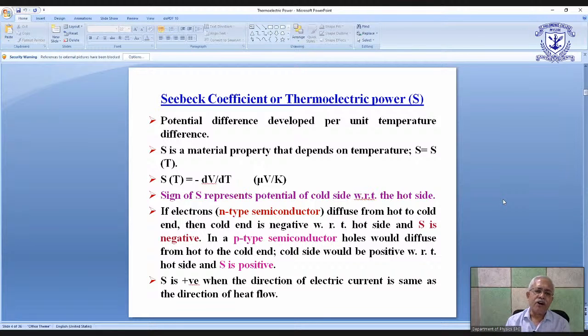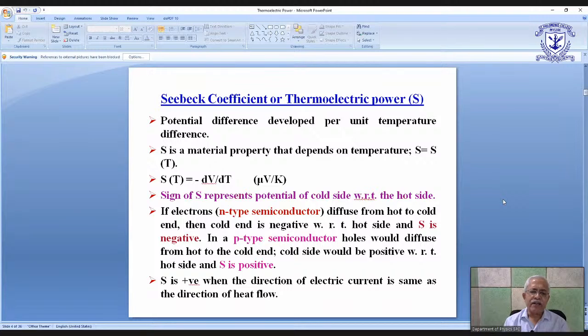So in short, if you have an N-type semiconductor bar and you heat one end of the bar and cool the opposite end, then the Seebeck coefficient has a negative value. In a P-type semiconductor, Seebeck coefficient S is a positive quantity. If you remember that, it is sufficient.